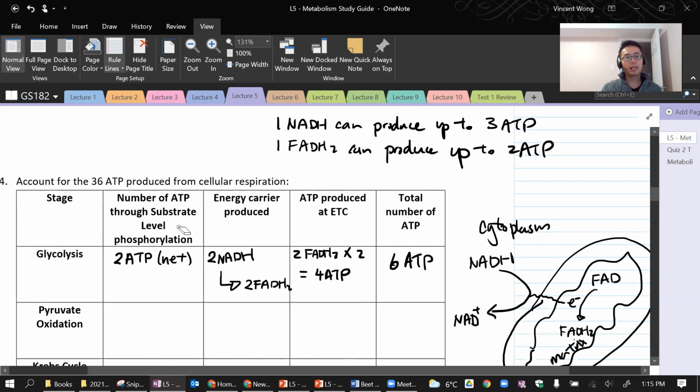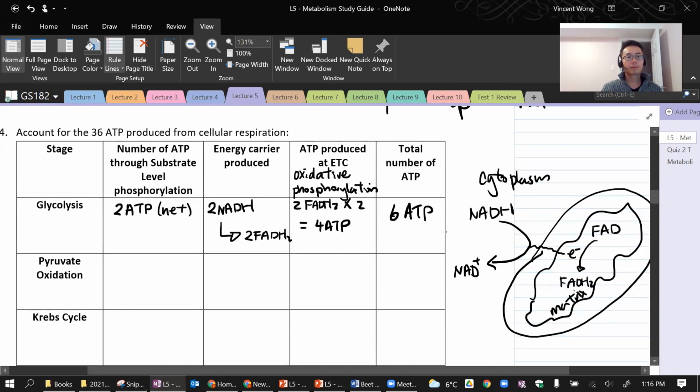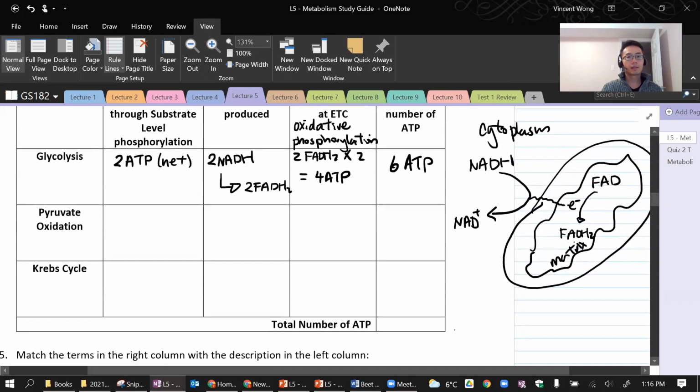ATP that is produced directly, we say substrate level phosphorylation. These ATP produced through the energy carrier, and we'll explain this more later, is called oxidative phosphorylation. Okay? Done.